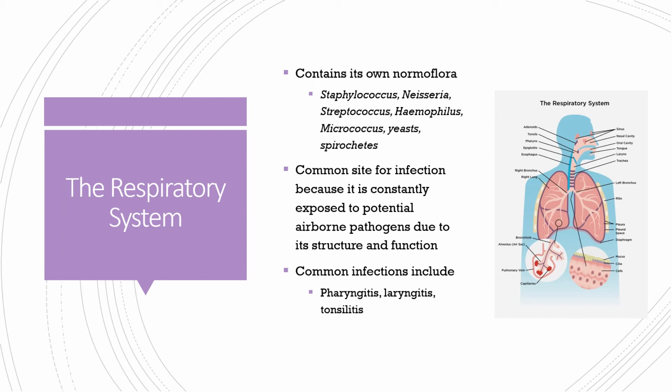As far as bacterial infections, the most common for the upper respiratory tract are laryngitis, tonsillitis, and pharyngitis. And Strep pyogenes is the most common bacteria that causes infections of the upper respiratory tract, and so that's why we typically refer to pharyngitis as strep throat.